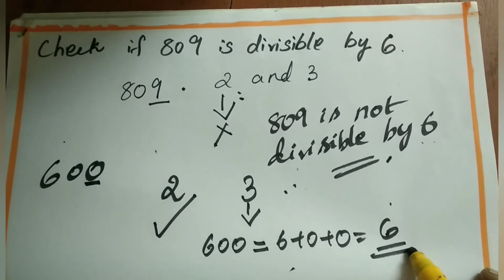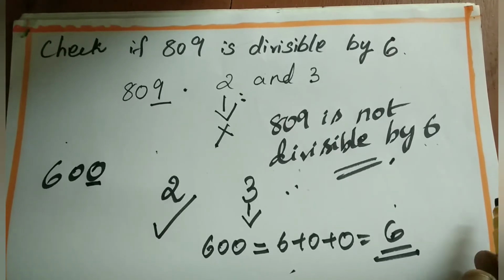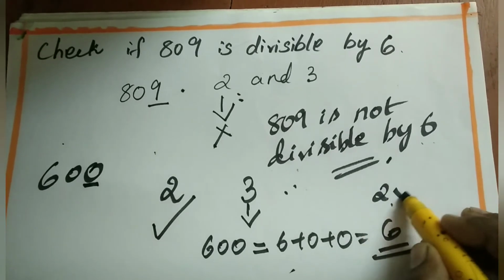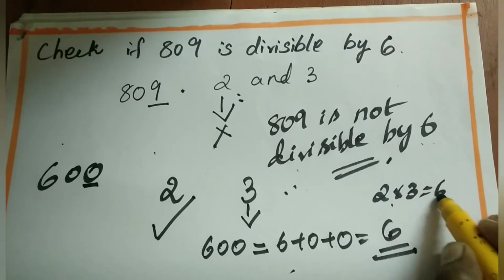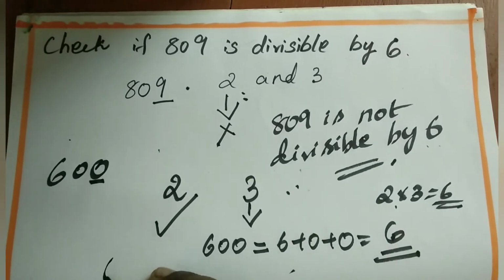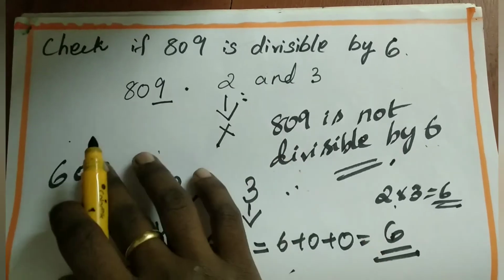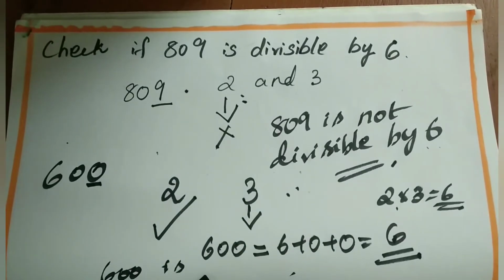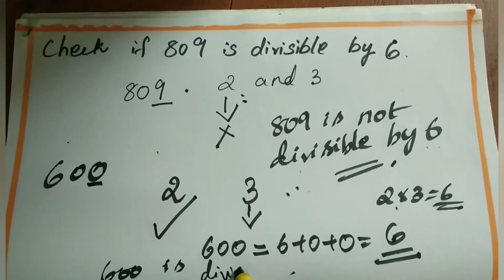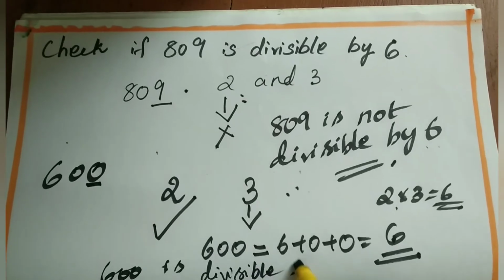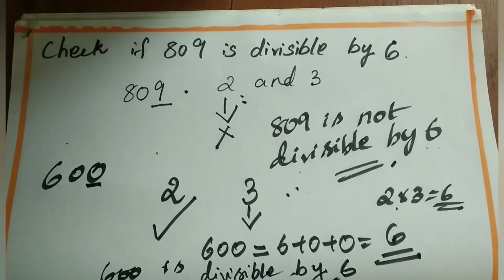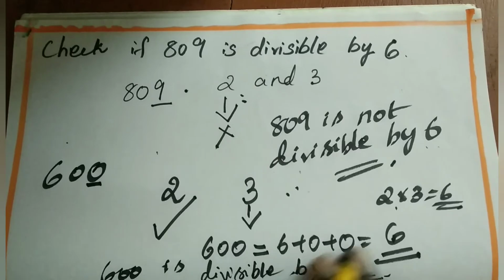We know 6 is exactly divisible by 3, because 2 times 3 gives you 6. So we can tell 600 is exactly divisible by 6. Okay guys, are you clear?